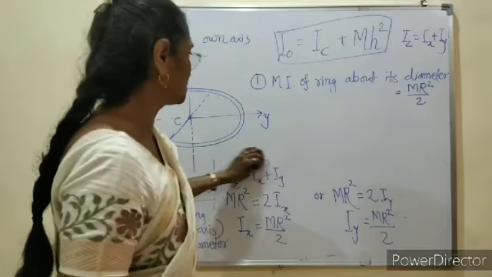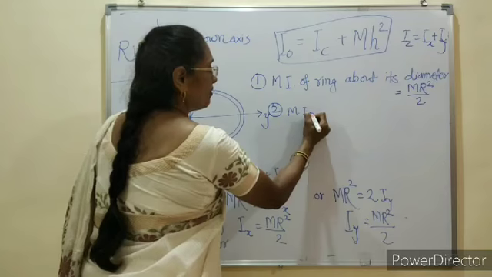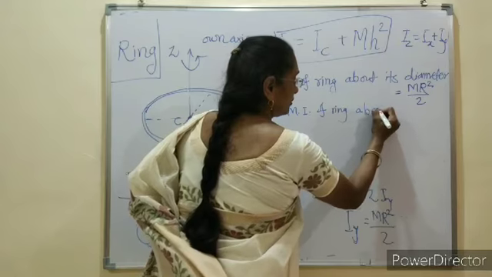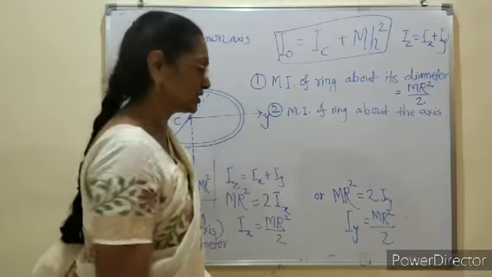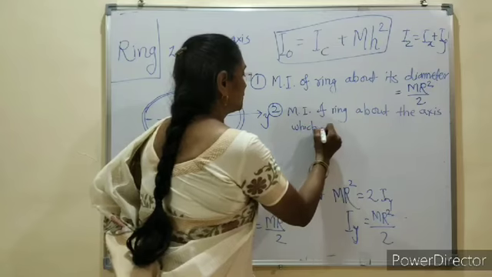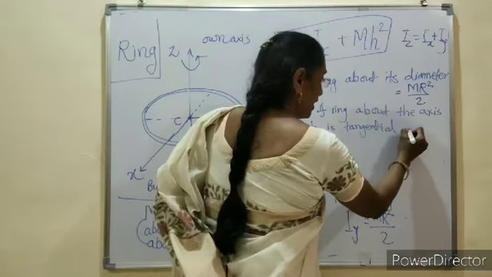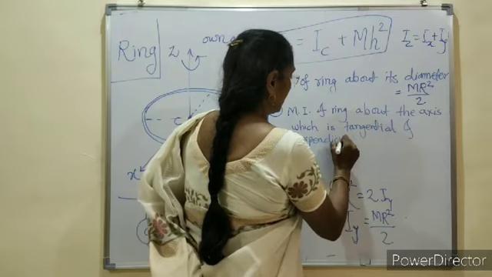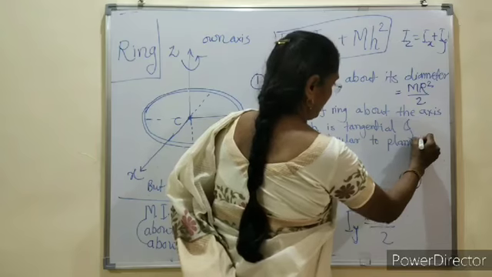Now the next axis which we have asked here: moment of inertia of ring about a particular axis, which is tangential and perpendicular to the plane of the ring.